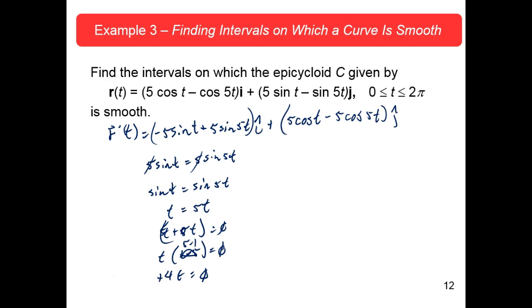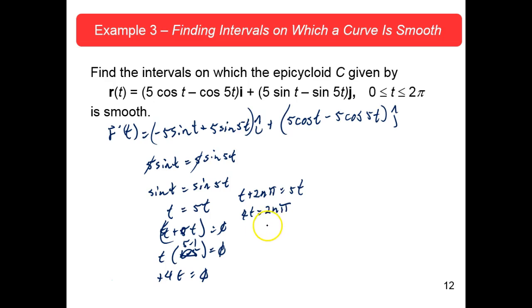Because if t plus 2 pi, or 2n pi, is equal to 5t, so that would be 4t is equal to 2n pi. When is that going to be true?